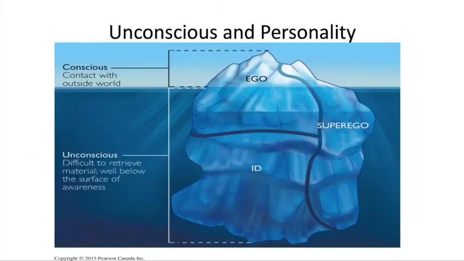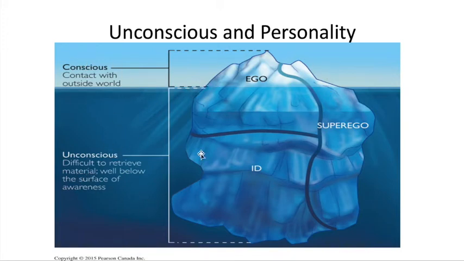Freud suggested that personality was made up of 3 distinct parts. And the large majority of these parts are operating in the unconscious without our conscious awareness. So this is his conceptualization. So the line here is the line separating the unconscious from the conscious.